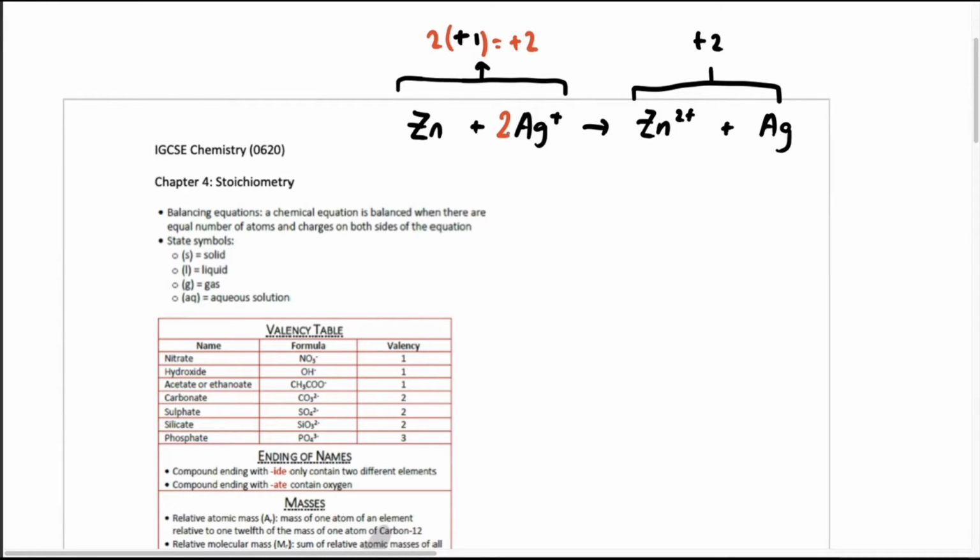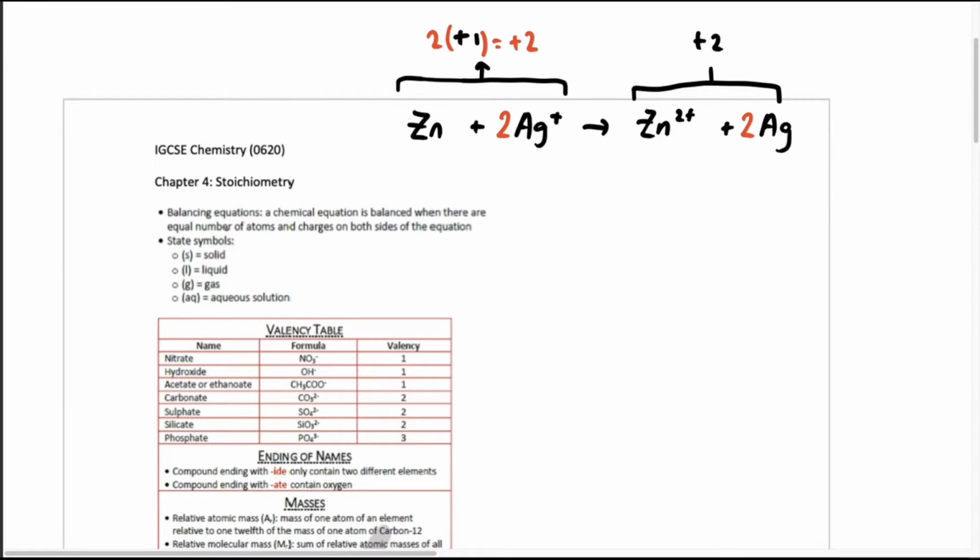When you multiply 2 to the silver ion, you have to multiply 2 over here as well, so that the number of atoms are the same. So 2 silver on the left and 2 silver on the right. In terms of charge, 2+ on the left and 2+ on the right. So in that case, we balance the equation.